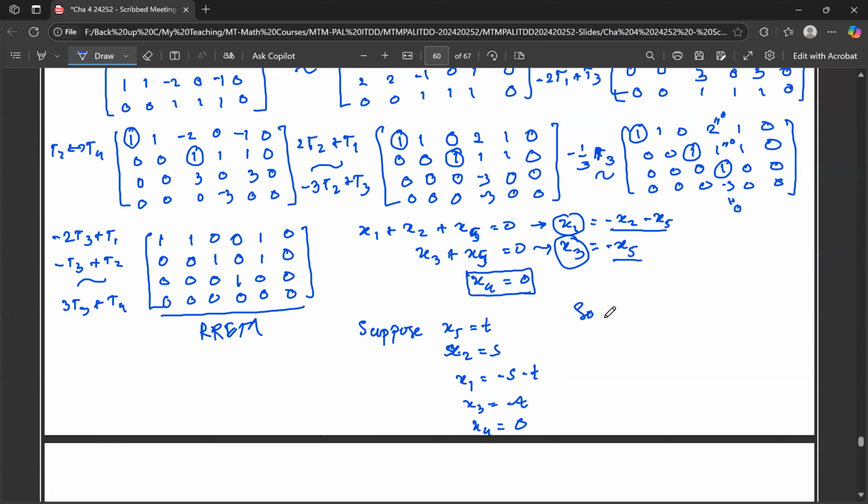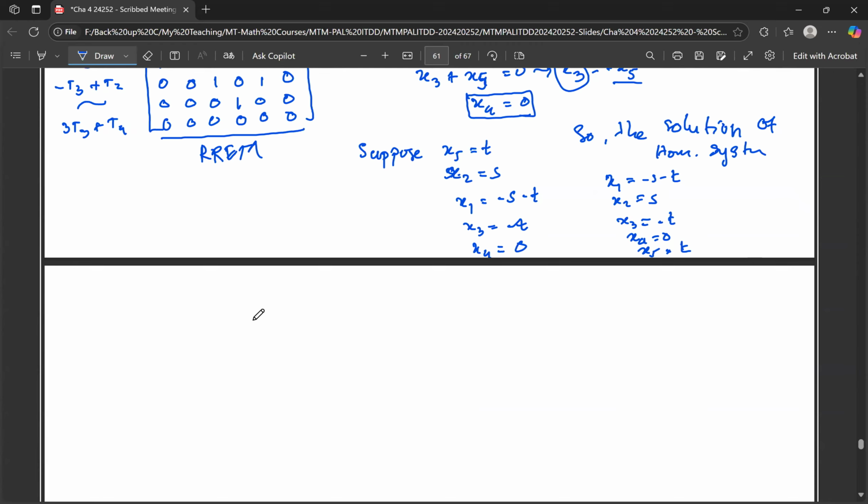So the solution of the linear homogeneous system is x1 is minus s minus t, x2 is s, x3 is minus t, x4 is 0, x5 is t.